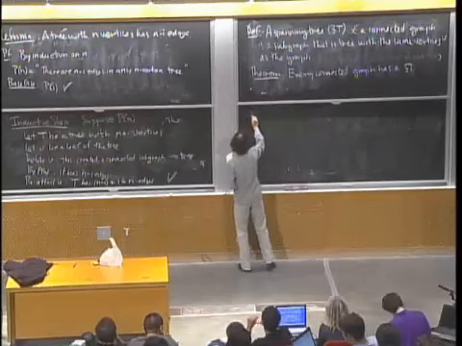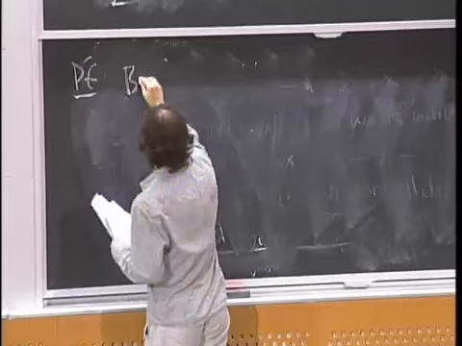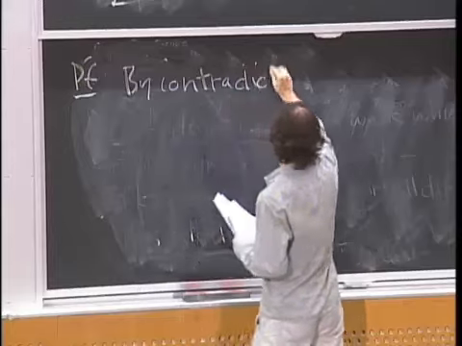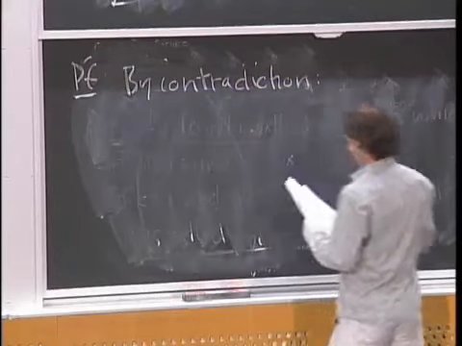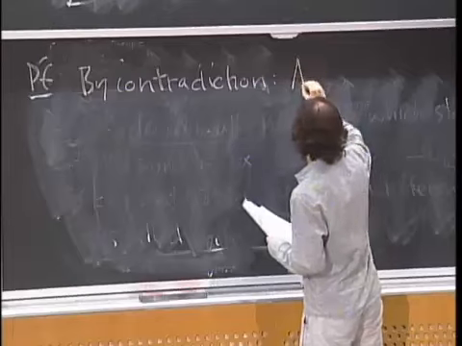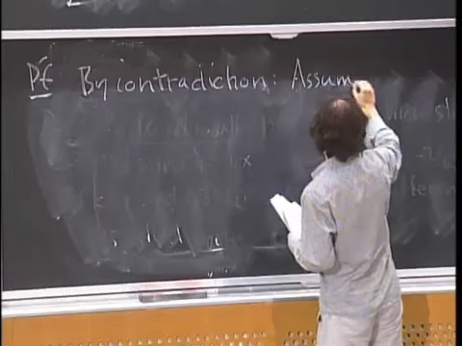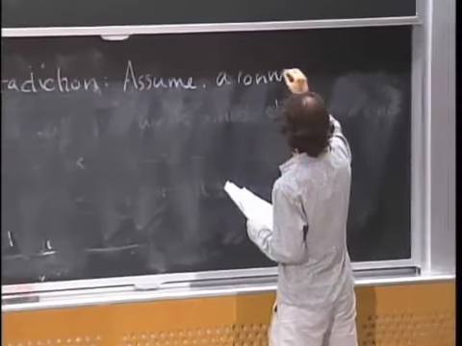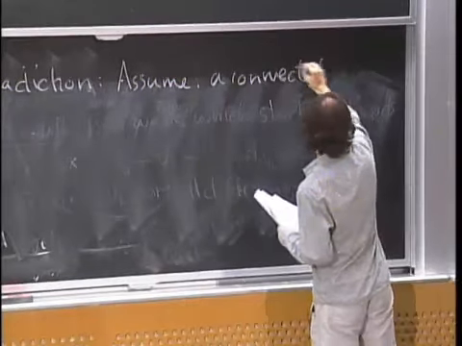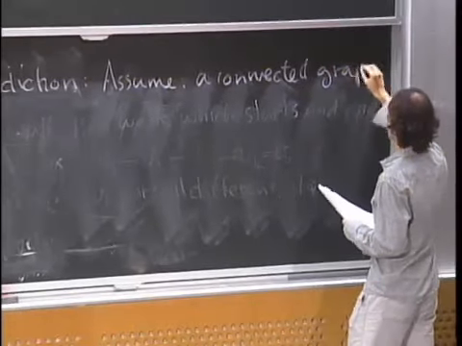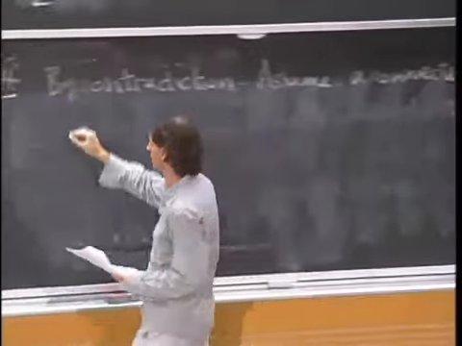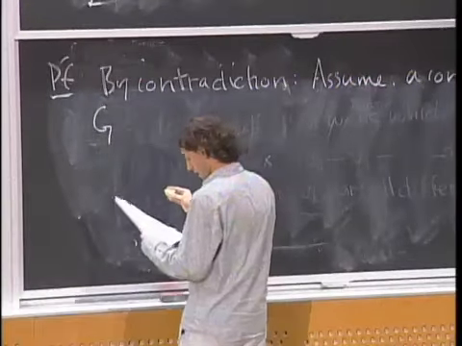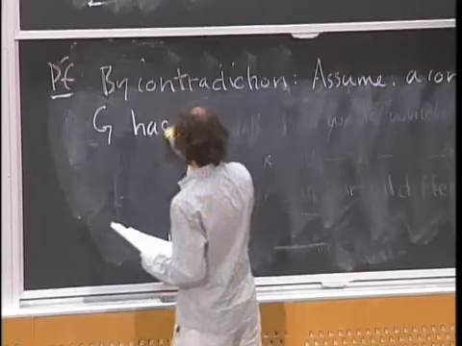So the proof that we're going to propose here is by contradiction. And that means that we're going to assume the opposite. So assume that we have a connected graph, G, that has no spanning tree.